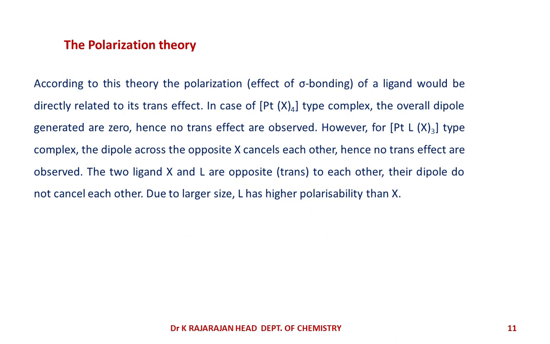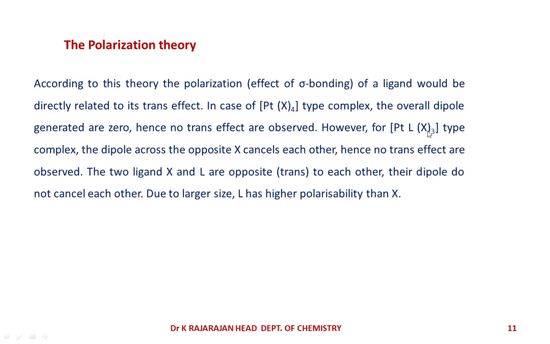Instead of that, suppose you have platinum LX3 like this. Platinum LX3 means one central metal atom of platinum, three ligands of one type, and one different ligand in one of the positions.